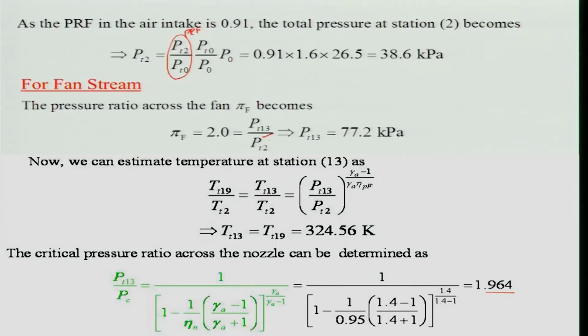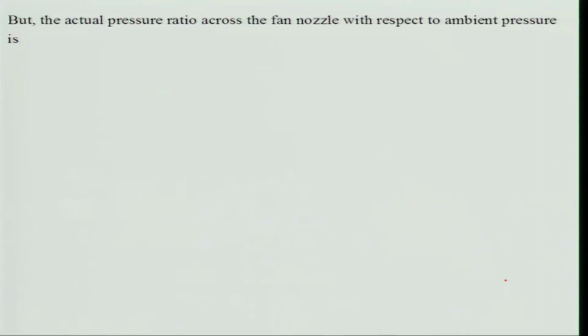So, now we need to find out what will be the pressure ratio, PT13 by P naught. The actual pressure ratio across the fan nozzle with respect to ambient pressure will be PT13 by P naught, and that will be 2.91.